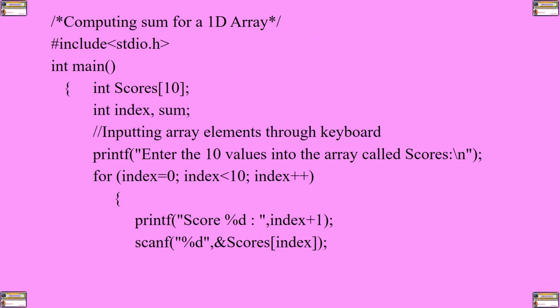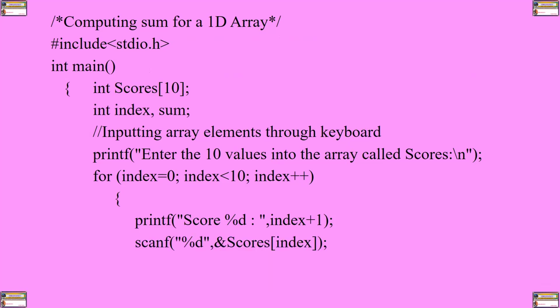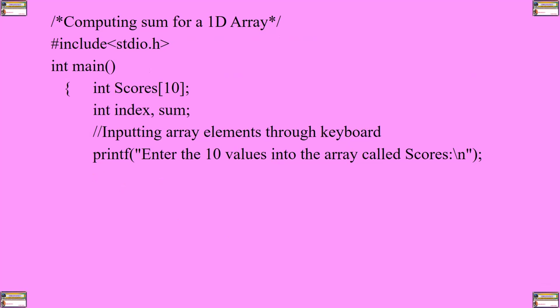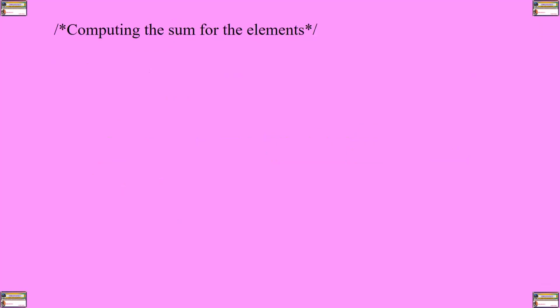When the user enters a value, the value will be read and stored in the array at the appropriate position, and then the processor will increment the current value of index and check if the value in the index is less than 10. If it is less than 10, this statement will display the next index, and the user will key in a value, and that will continue until the value of index is not less than 10, when this loop will be terminated, and the next statement will be executed.